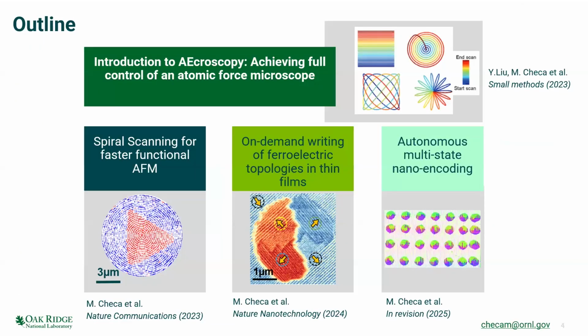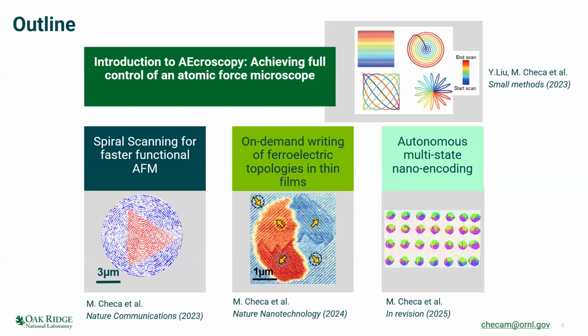This is the outline of my talk. I'll start with an introduction to AE, a package which stands for automated experiments in microscopy, where I'm going to show you how we achieve full control of the AFM software and different parts of it. Then I'll show 3 different applications.